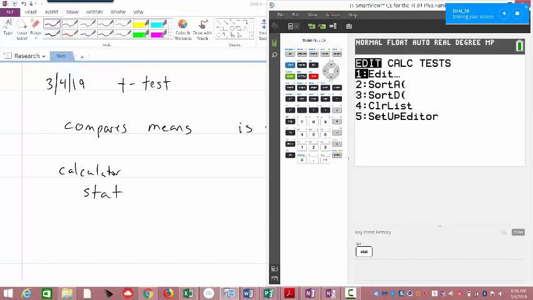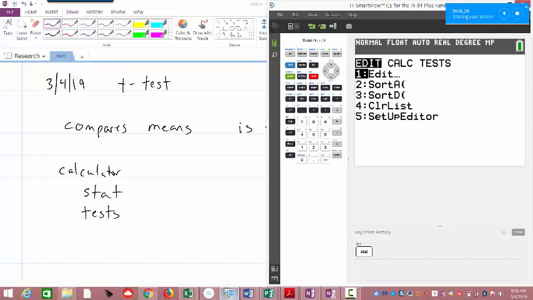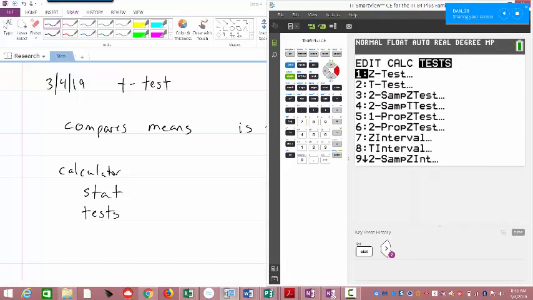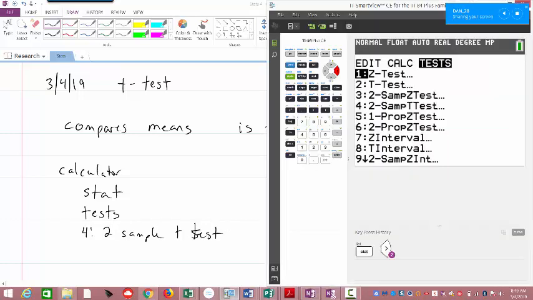And now you're used to edit, but I want you to do tests. Okay, and you see your tests and you have a lot of them. What we are going to do is number 4, which is a 2-sample t-test.